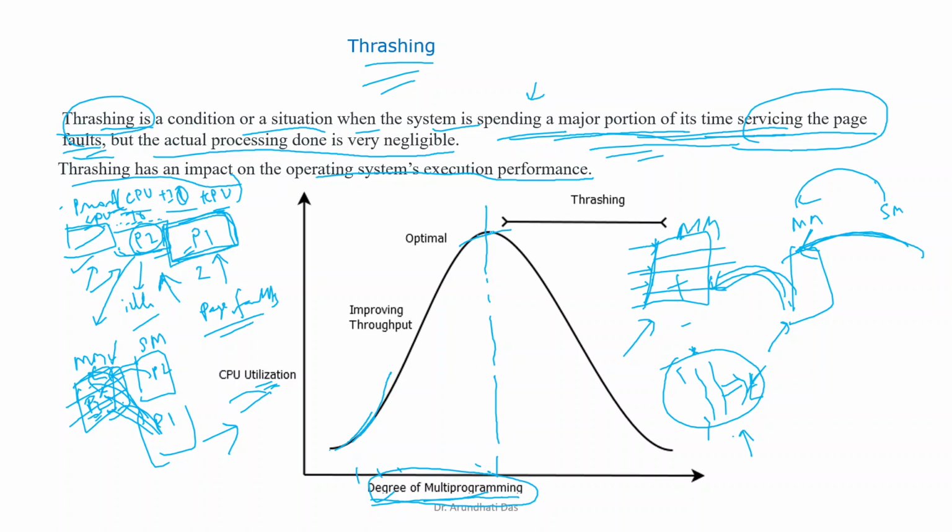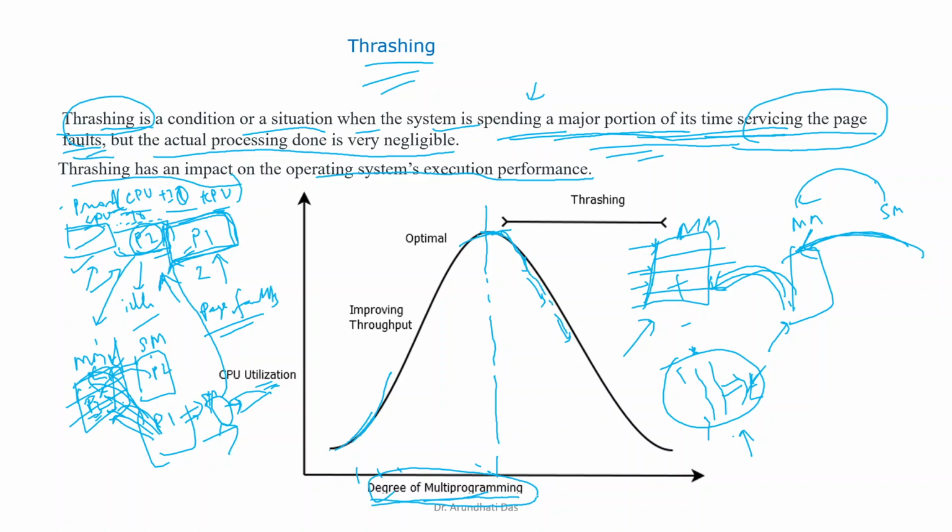After that point the CPU utilization will be less, in the sense that the actual algorithm that I want to execute will take less time than this loading and unloading to main memory. Loading and unloading also takes time, right? So again there is possibility that the CPU utilization will be degraded.